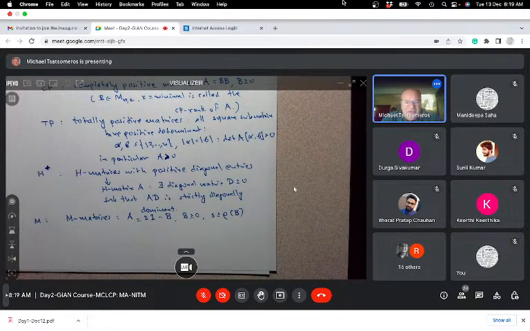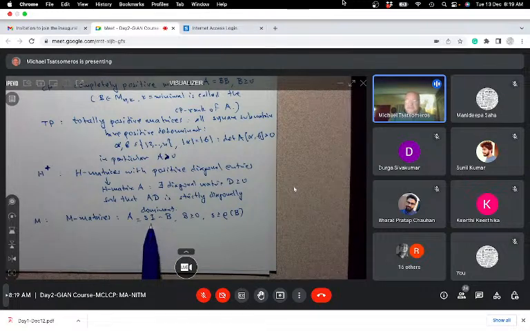So in particular, that means that A has a very specific sign pattern. The off-diagonal entries are all less than or equal to 0, and this matrix has all of its eigenvalues in the right half plane, right?